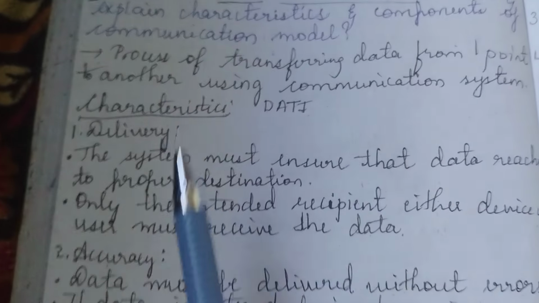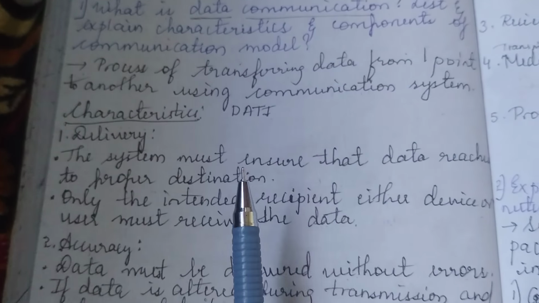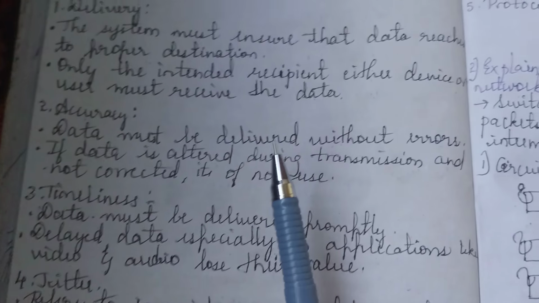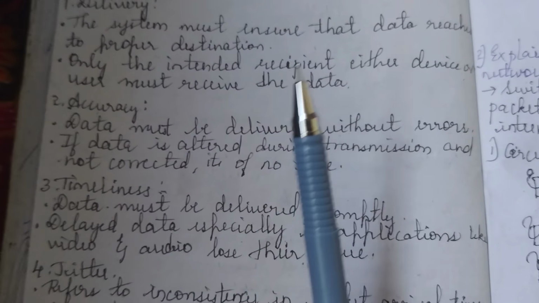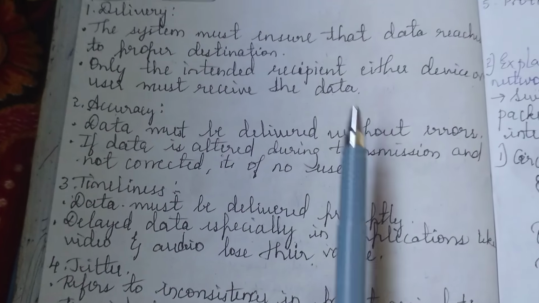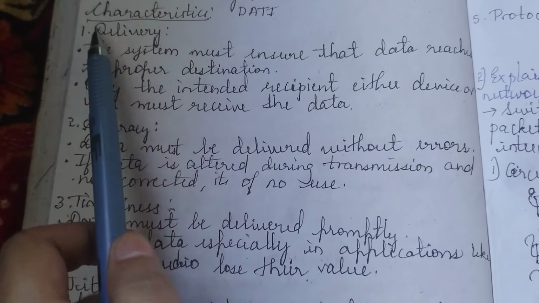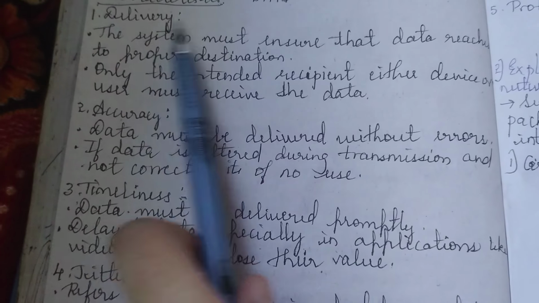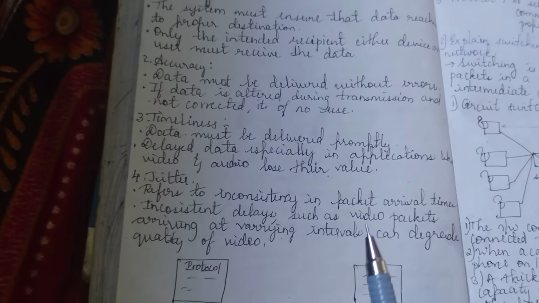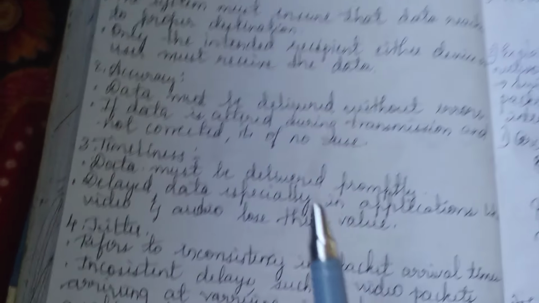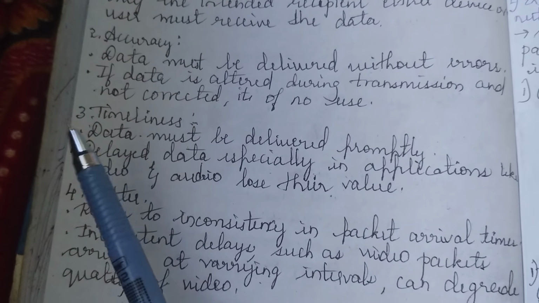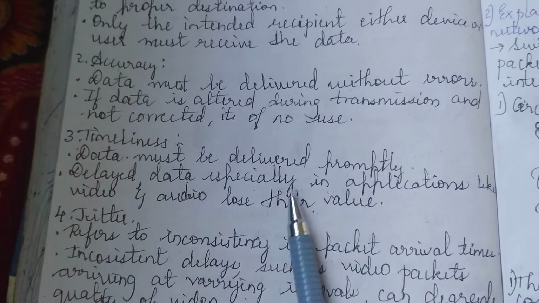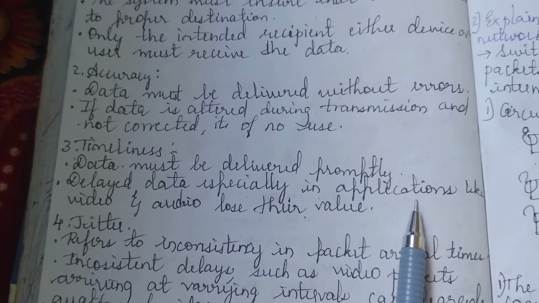In CN, always use keywords, so once you get time, try to underline the keywords; they'll give you marks. In the scheme of evaluation, for writing characteristics they have allocated 1.5 marks, and the remaining explanation is again for 1.5 marks. In timeliness, delayed data, especially in applications like video and audio, loses its value.